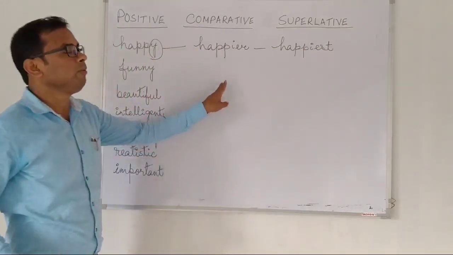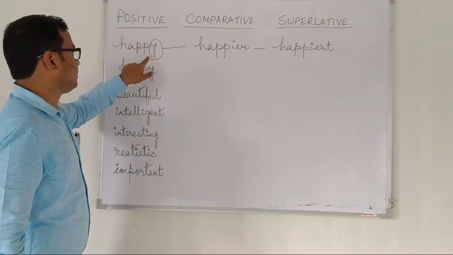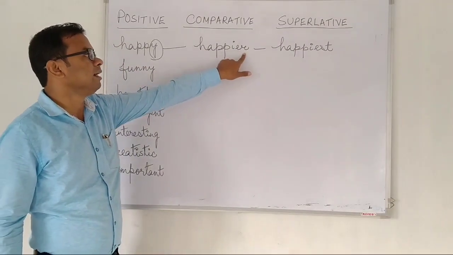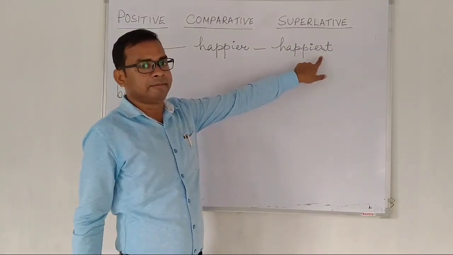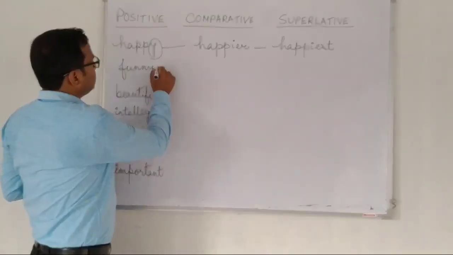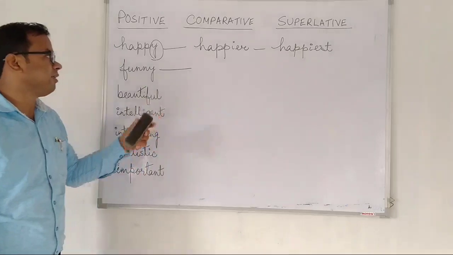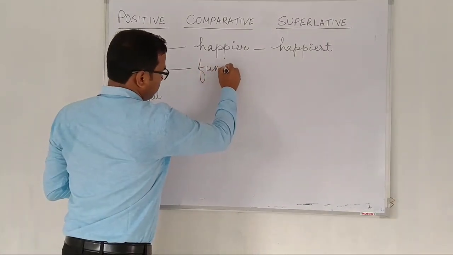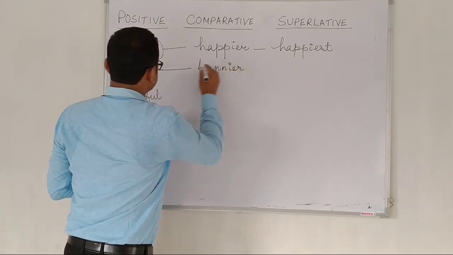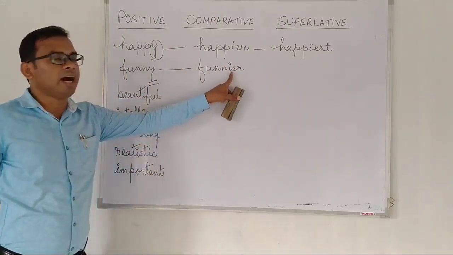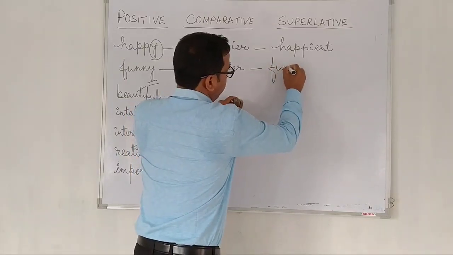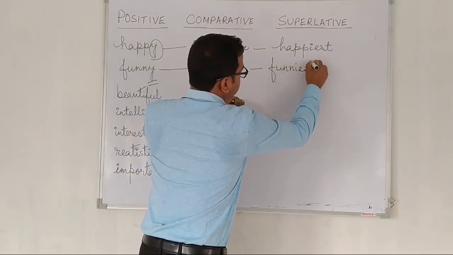I already told you in the adjectives ending with Y, we have to replace the Y with I. Then ER and EST. Next example is funny. Same thing here. So funny will be funnier. This Y will be replaced with I. Then ER. And funniest.